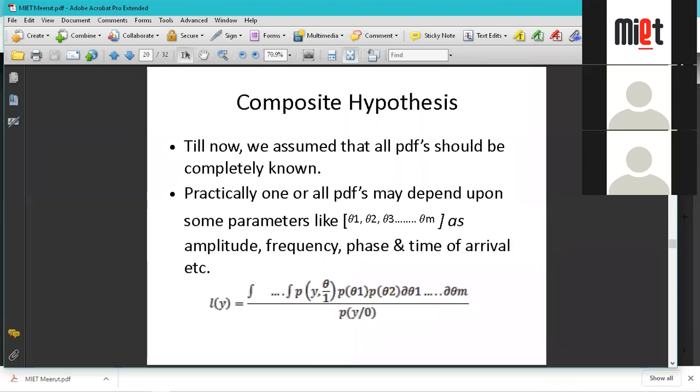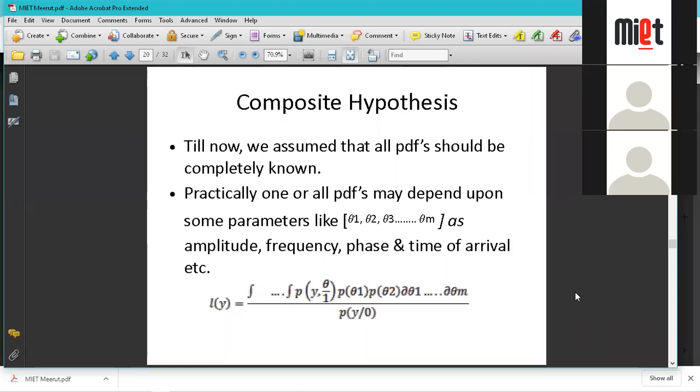So we can have another way of looking at hypothesis detection, called the composite hypothesis. The composite hypothesis is different from the previous one because if there are, let's say, m parameters, theta 1 to theta m, which are interdependent upon each other, for example amplitude, frequency, phase, time of arrival, and many other parameters.